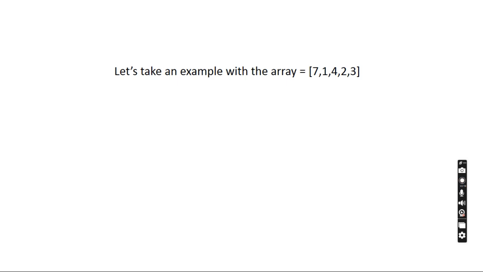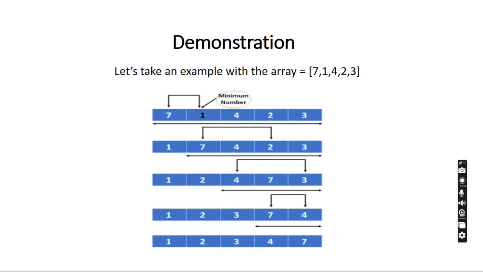So let's take an example with an array which has the elements 7, 1, 4, 2 and 3, in the order shown on the screen. Let's look at the picture.